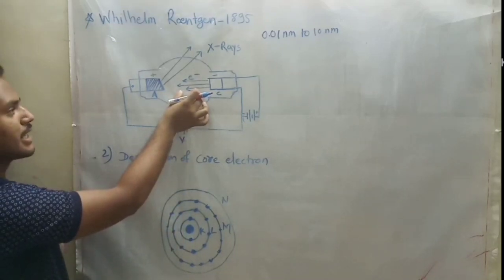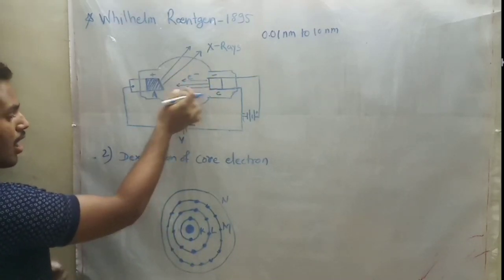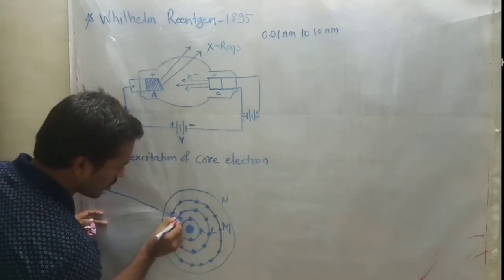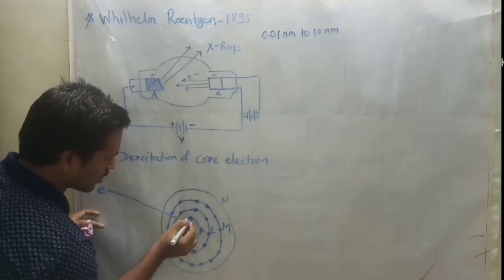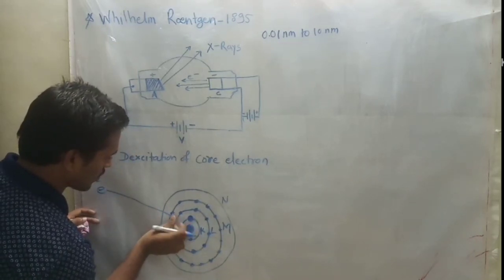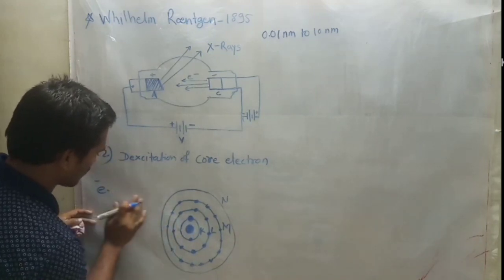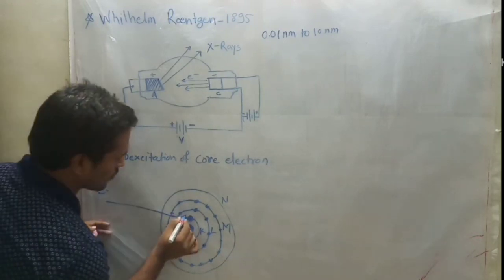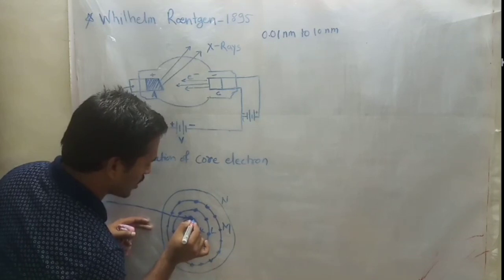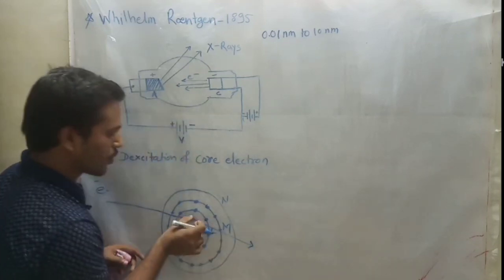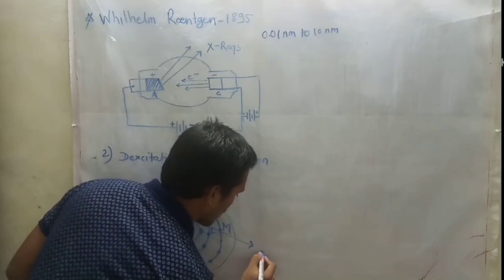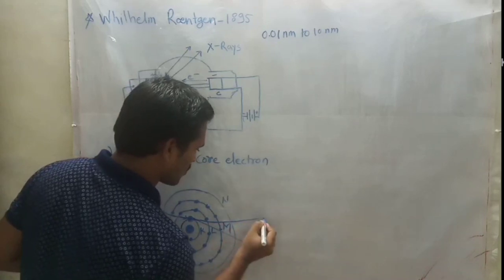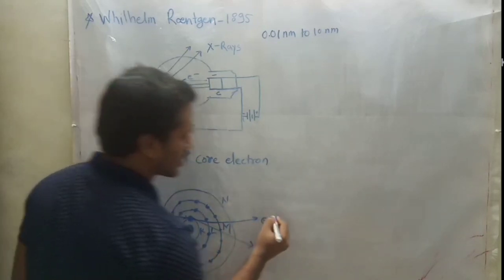If these accelerated electrons collide with these electrons, then these electrons are knocked out from their shell, or ejected. This is an incident accelerated electron.